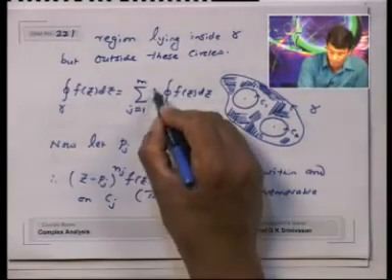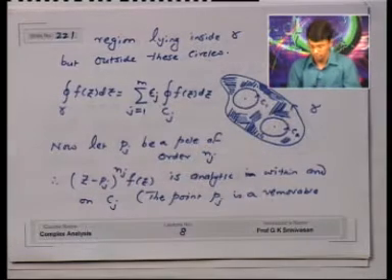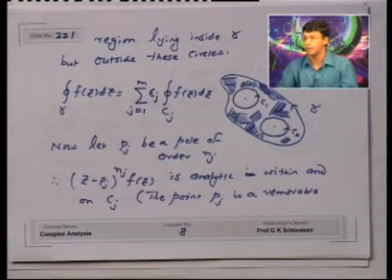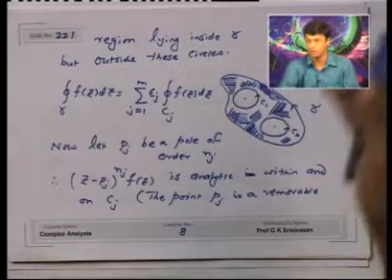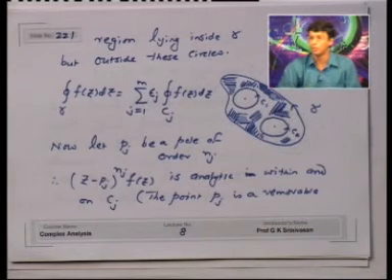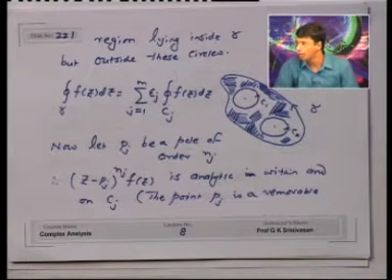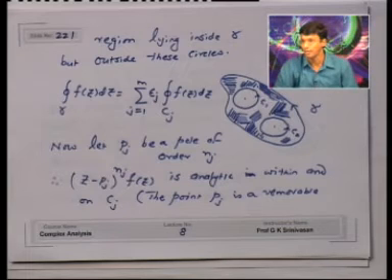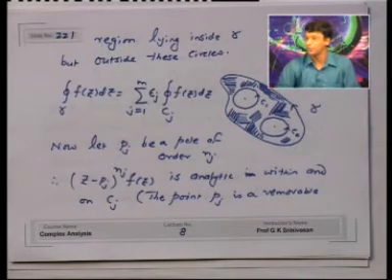Only those inside the curve will count, those outside the curve do not count. So epsilon j is 0 if the pole is outside the curve, equal to 1 if it is inside the curve, right? There the epsilon j comes in.